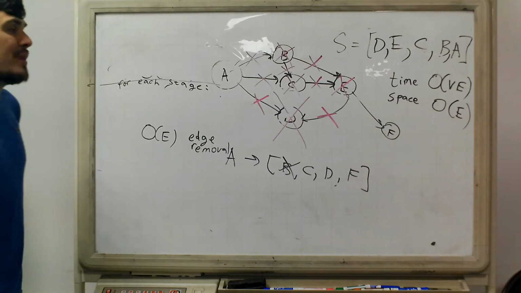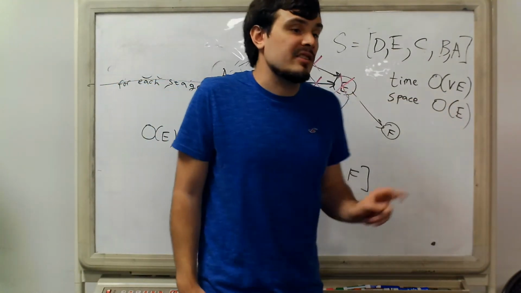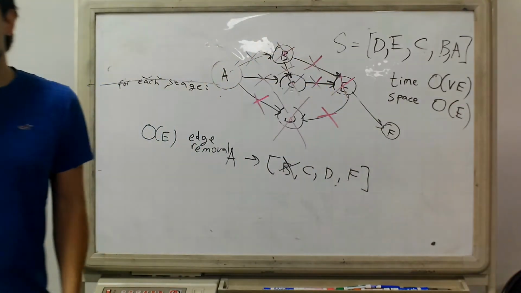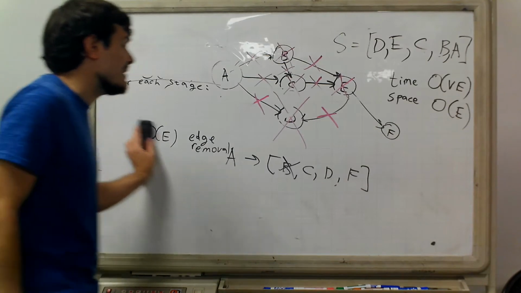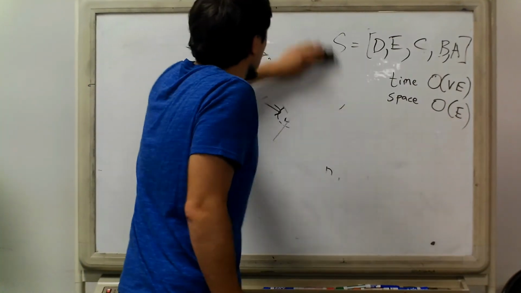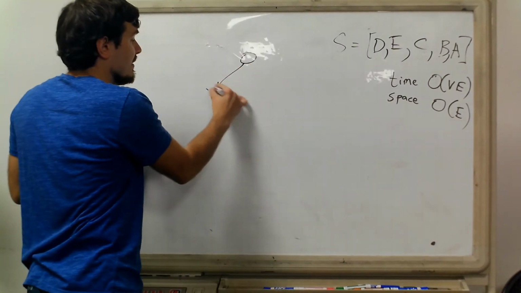So this is not too bad. In fact, this is not really V times E, this is the number of stages times E. If you have a graph that's very large, it can still have few stages. For example, consider a graph like this.